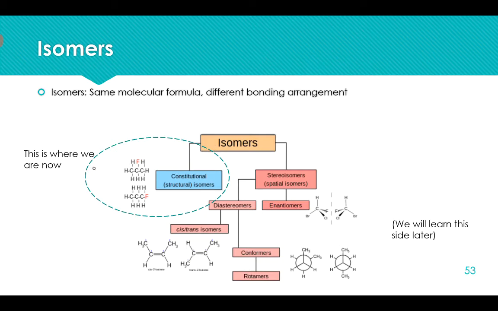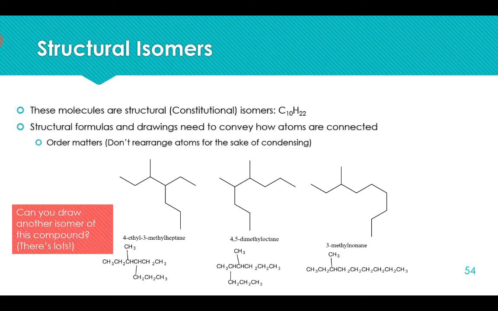For now, we'll be focusing on the constitutional isomers side of the tree, which are also known as structural isomers. Here are examples of structural isomers that all have the chemical formula C10H22. The more carbons you have in a molecule, the more possibilities you have for the number of isomers.